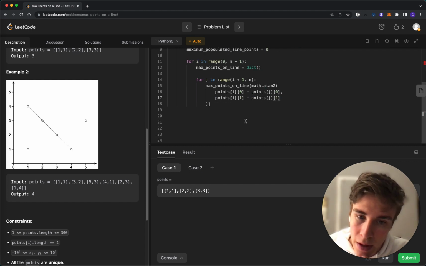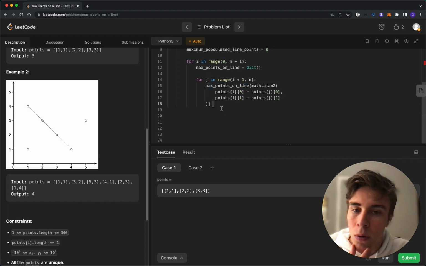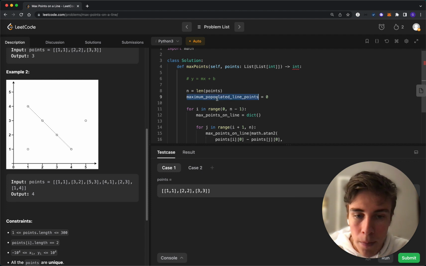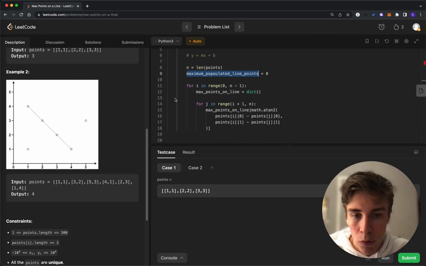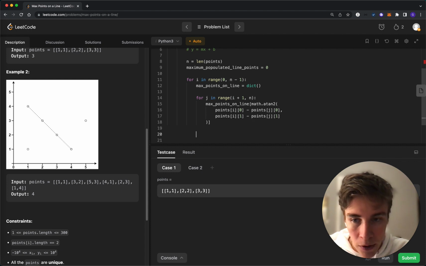So once I find this, now that I'm between different i's, between different points of truth, I have to essentially figure out if some other point that I'm currently looking at beats the maximum populated.